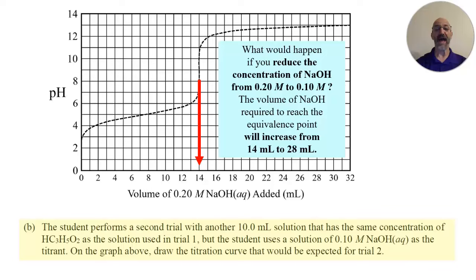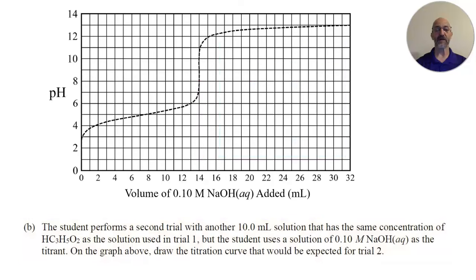Because we're going to have half the number of moles per liter, then we need twice the volume. So to get the same number of moles, if we reduce the concentration by half, we have to increase the volume. That means that the volume of sodium hydroxide required to reach the equivalence point in trial 2 will increase from 14 milliliters to 28 milliliters.